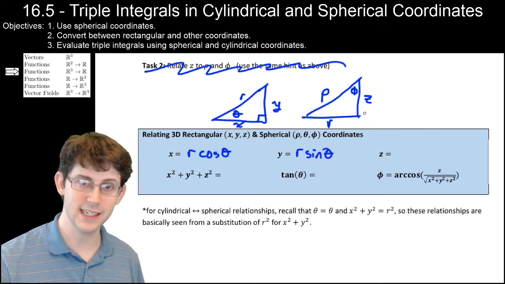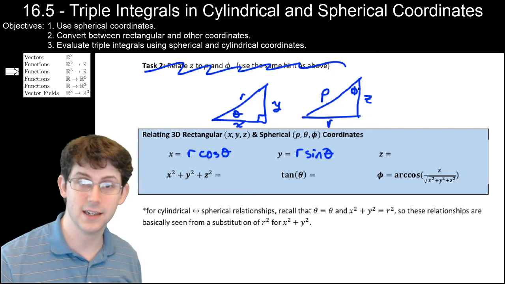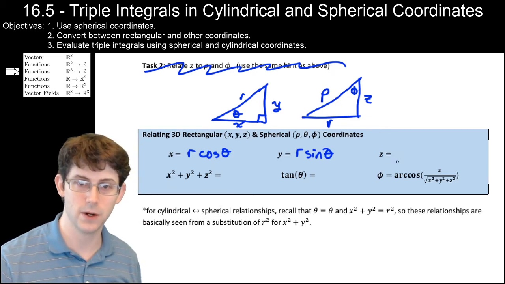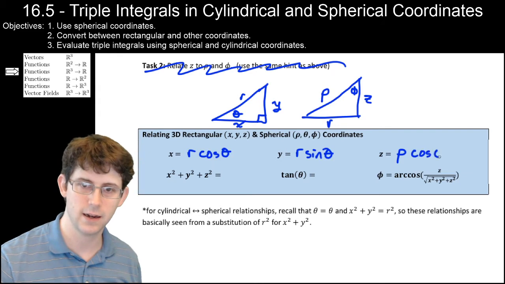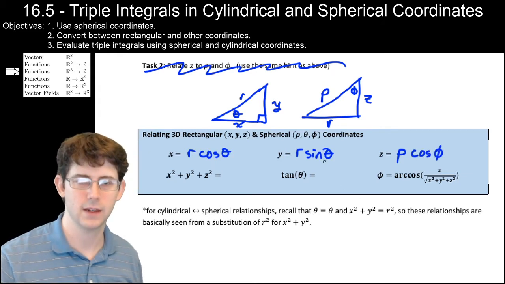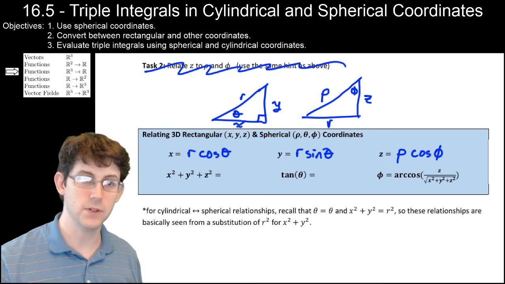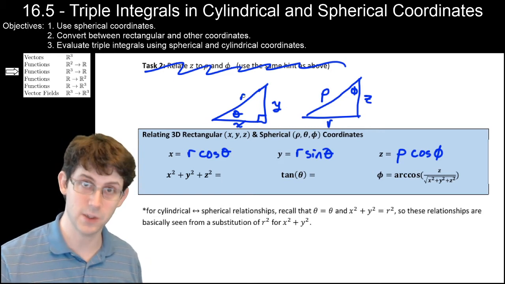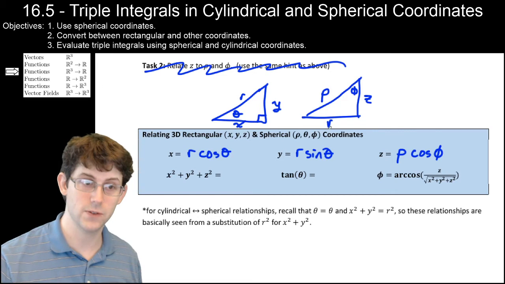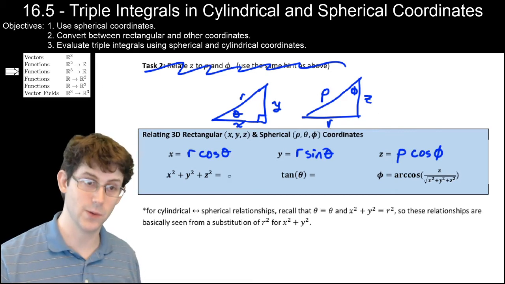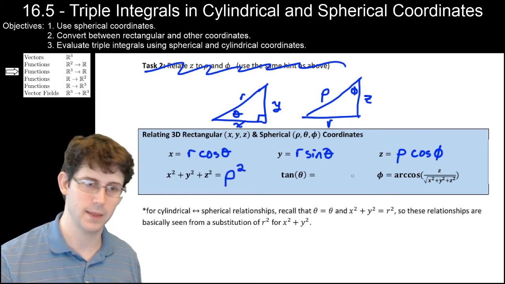And then how do you get z? Well, it's adjacent to the angle phi, so it'll involve the cosine of phi. So it's going to be rho cosine phi. Notice the difference between theta and phi. It's kind of a big deal. Okay, if you do x squared plus y squared, you get r squared. And then if you do r squared plus z squared, you get rho squared. So that's this formula.